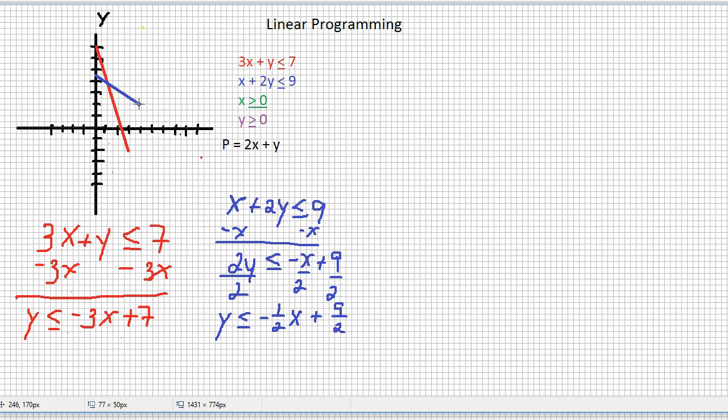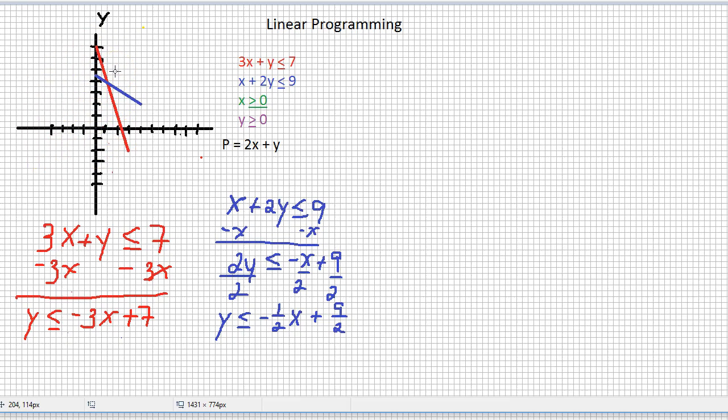And right there. I don't have to go any farther. Why? Because everything's below the blue line and below the red line. So right now we are in this region here.